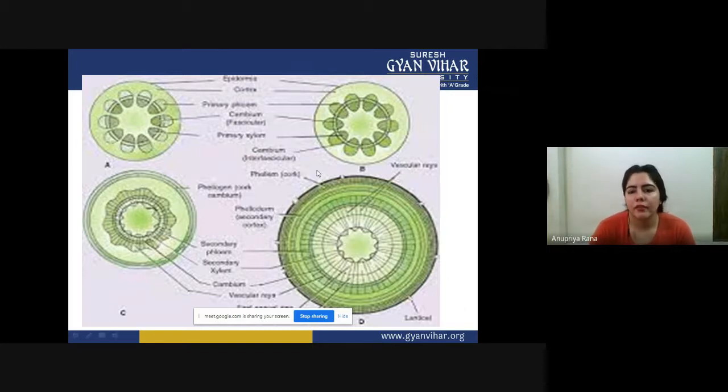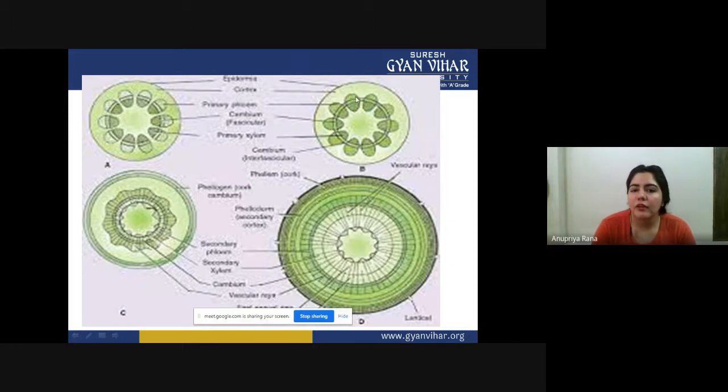If this ring is the cambium, then on the inner side of the cambium is the pith portion, and towards the pith there will be the formation of xylem, and the phloem is outwards. This is the periphery or outer side.